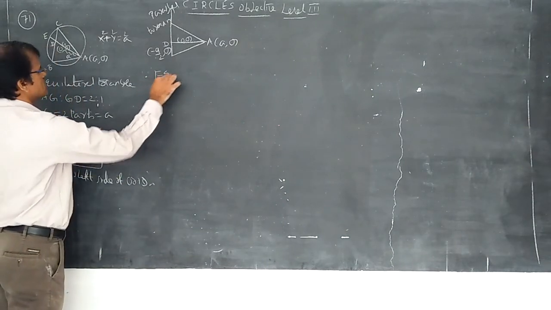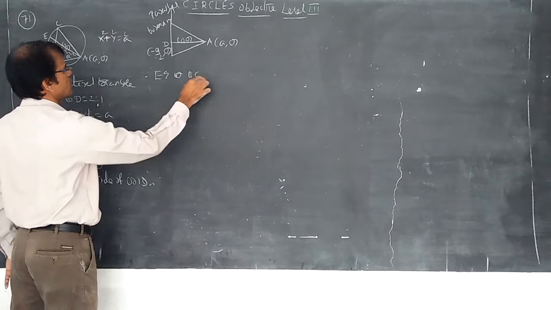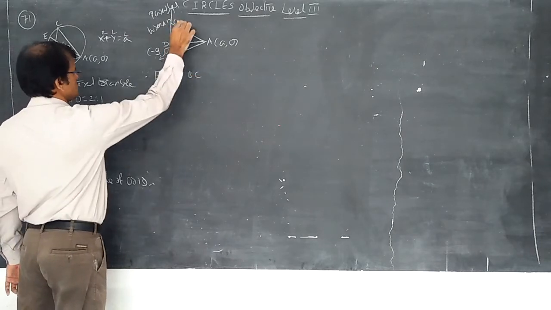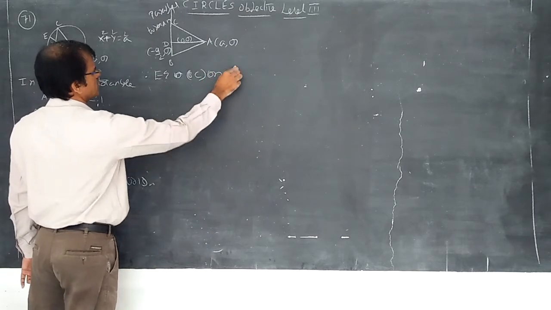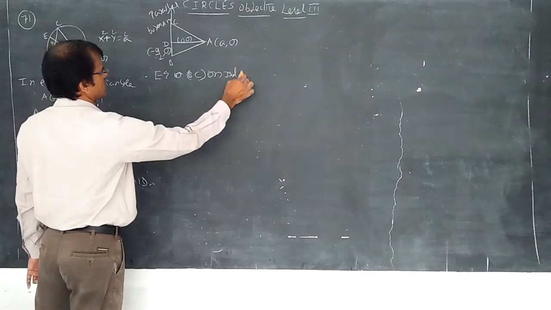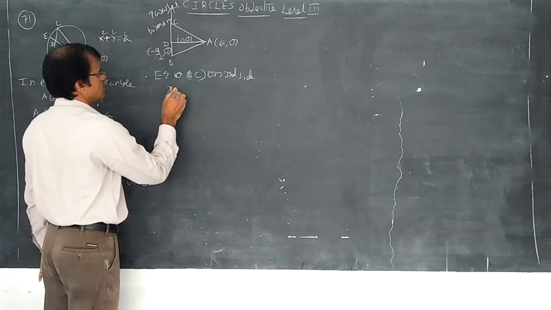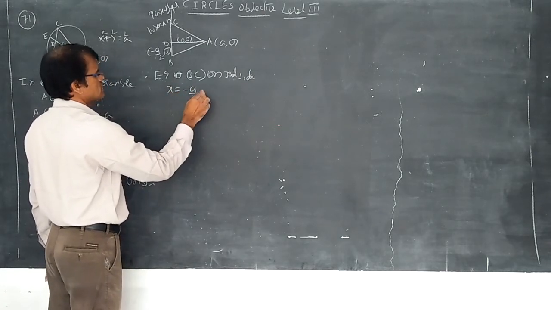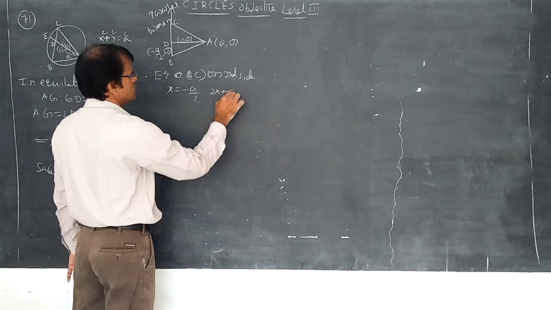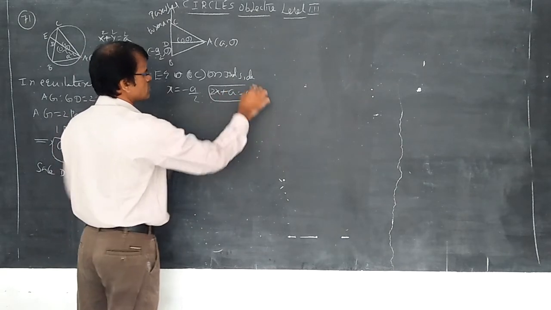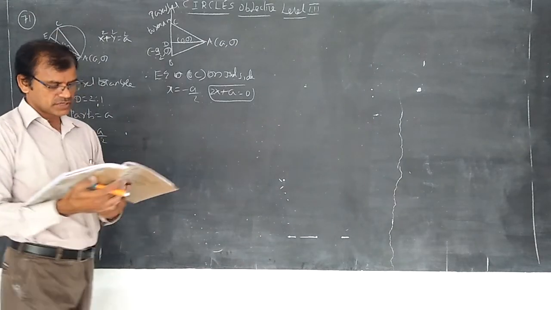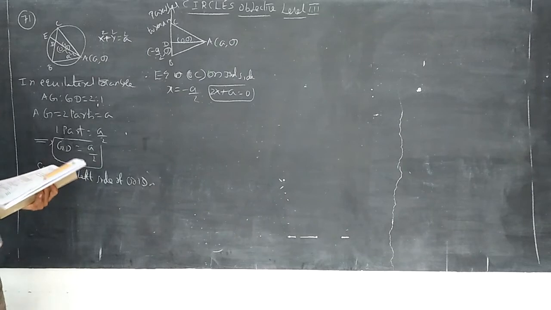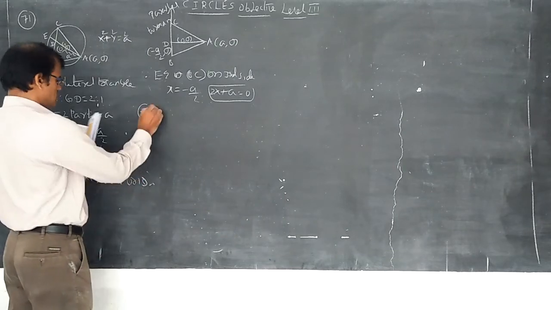Therefore, the equation of BC, the third side, is x is equal to minus a by 2. So 2x plus a is equal to 0 is the equation of the third side. So the 71st question is completed. Let us discuss the 72nd question.